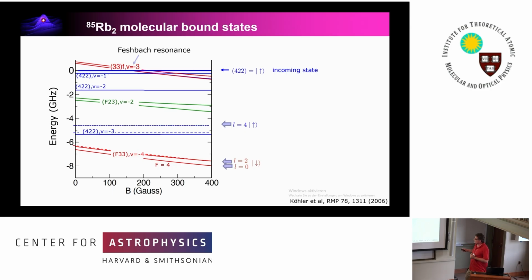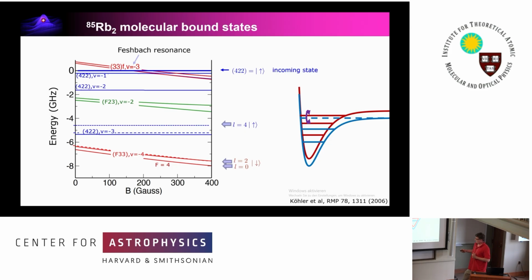The red lines, they correspond to spin down molecules. And here in green, you still have another spin state. And here you see now, at about 55 Gauss, there's a crossing here of this red level with our incoming state. So this is now where the Feshbach resonance sits. So this is what I showed you before. This leads to this mixing of these two guys here.